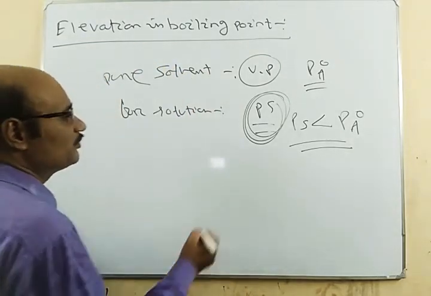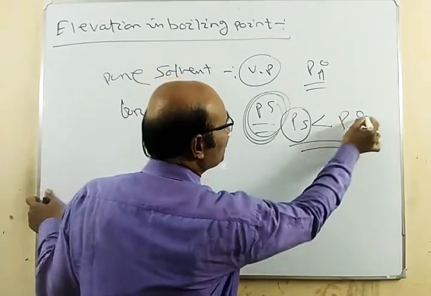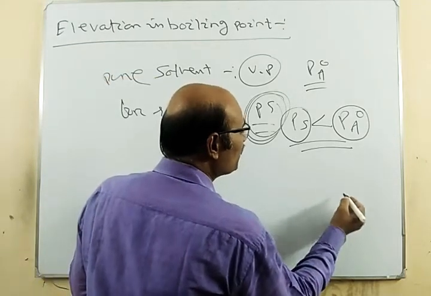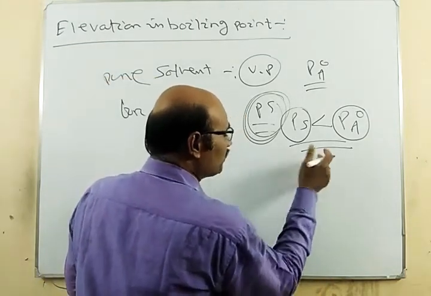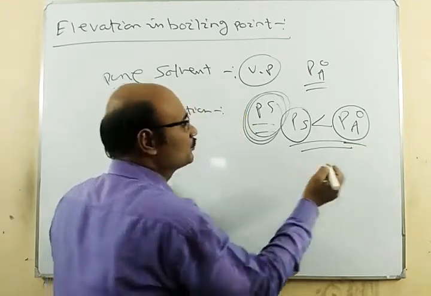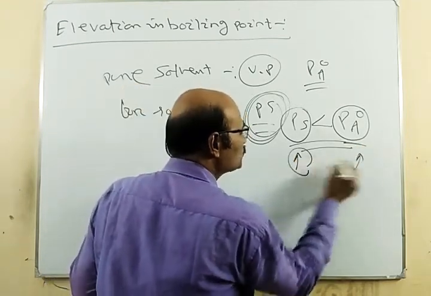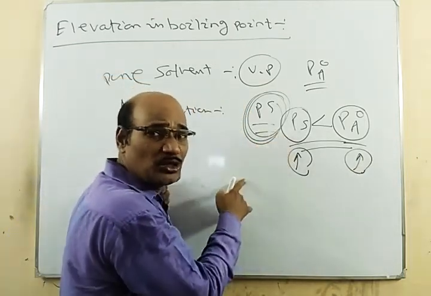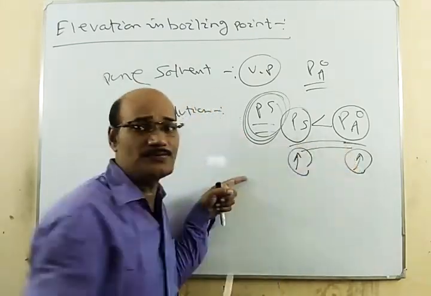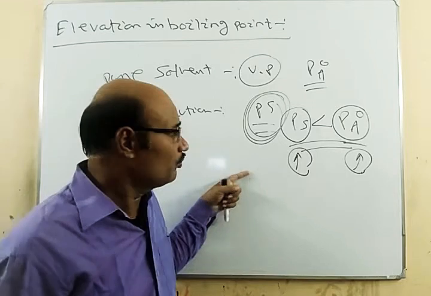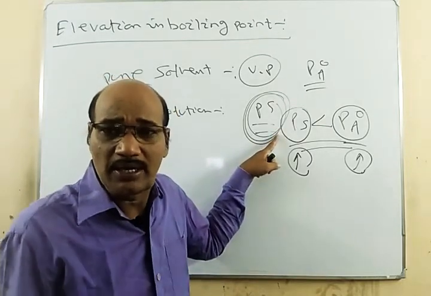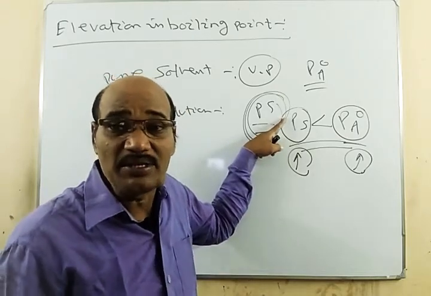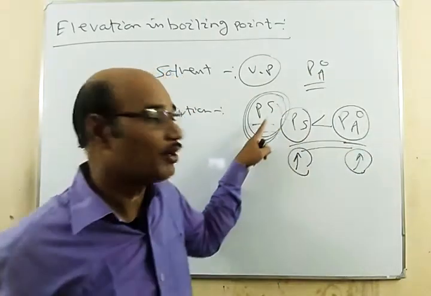Now see, because PS is less than PA0, if we supply heat to the solvent and also the solution, because the solution has a lower vapor pressure as compared to the pure solvent, the solution will require a higher temperature to raise its vapor pressure to equal the atmospheric pressure.